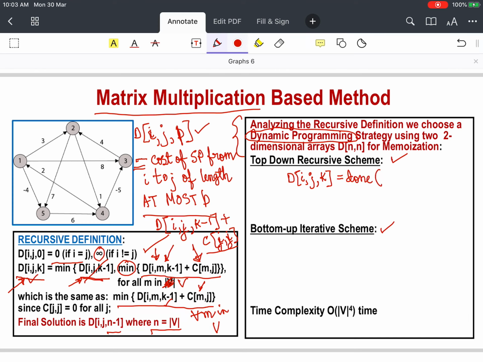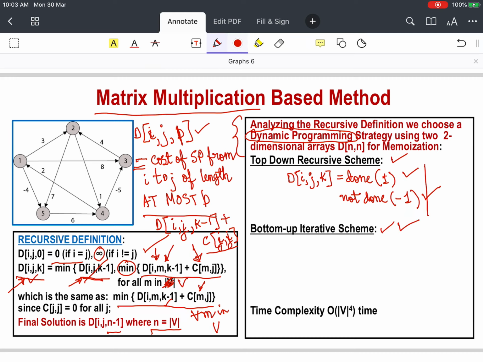If it is done, we mark it with 1, and if it is not yet done or not yet visited, we mark it with -1. And then we will run this recursive algorithm. We will check if it is not done, we will call it recursively. If it is done, we will just retrieve the value. And I leave it to you to simply do this because we have done many such cases before.